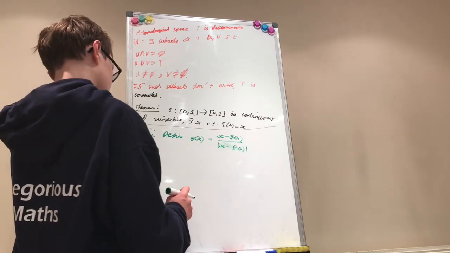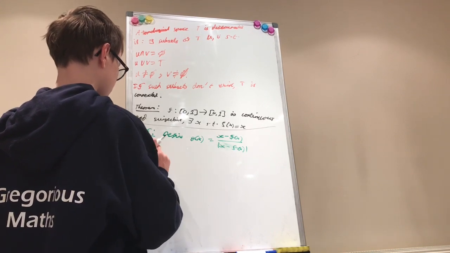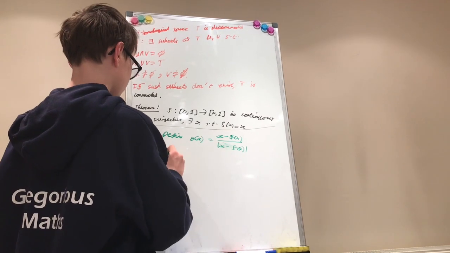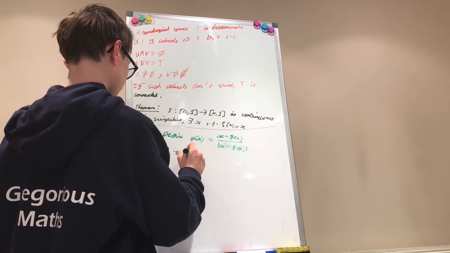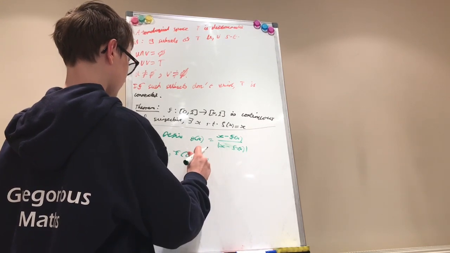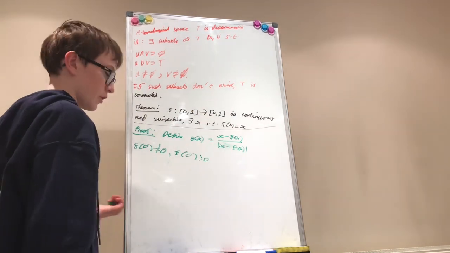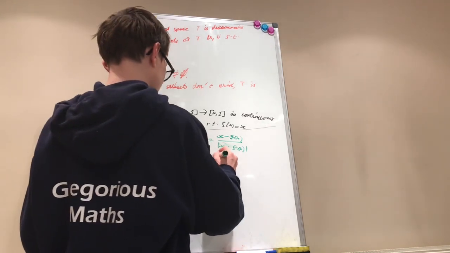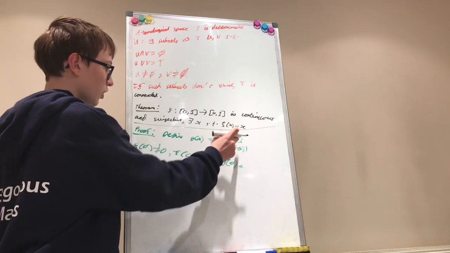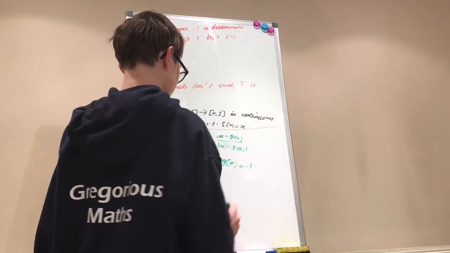Now, as f of 0 is not equal to 0, this means that f of 0 must be greater than 0, because remember, it maps onto the closed interval between 0 and 1, right? Meaning that g of 0 is equal to, well, the top will be negative and the bottom is always positive, so negative 1.